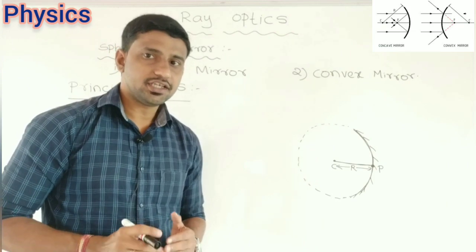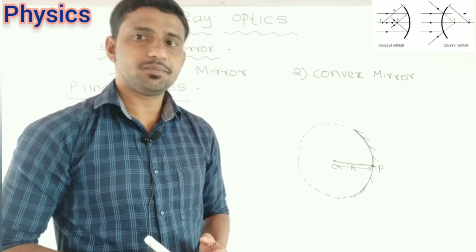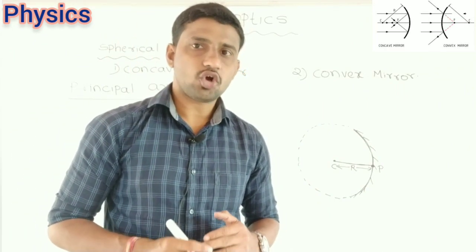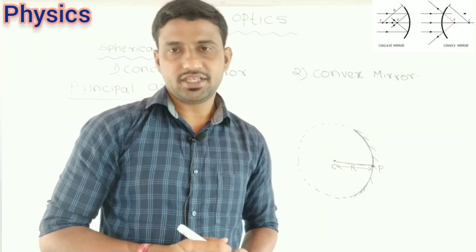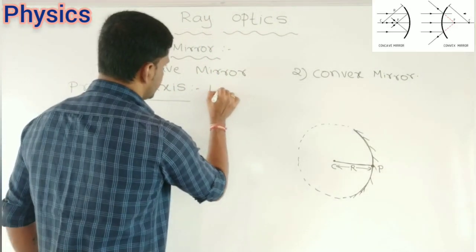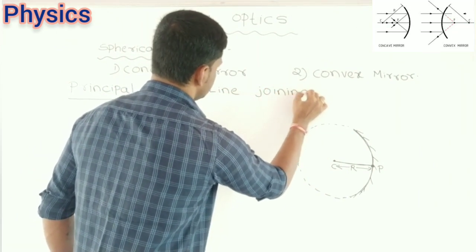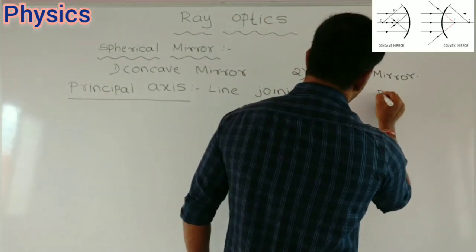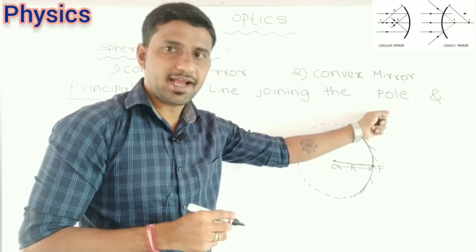Another term we are using in the case of concave mirror is the principal axis. Then what do you mean by principal axis? Principal axis is the line joining the pole and the center of the concave mirror. That is called the principal axis. So the principal axis is the line joining the pole, and here pole is also called the optic center.